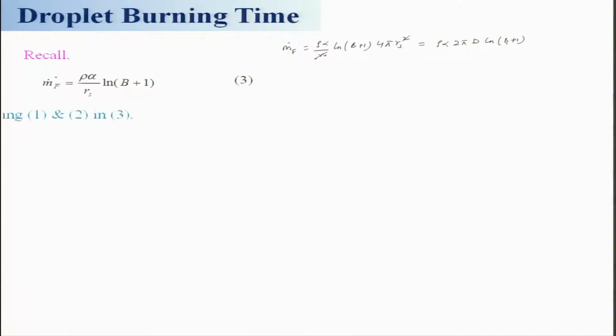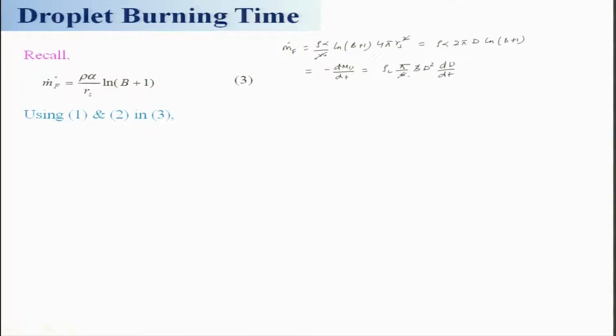What we will do is combine these equations. I will use equations 1, 2 and 3. I can write m dot f equal to minus d m_d by dt, which is rho_L pi by 6 times 3 d squared d d by dt.